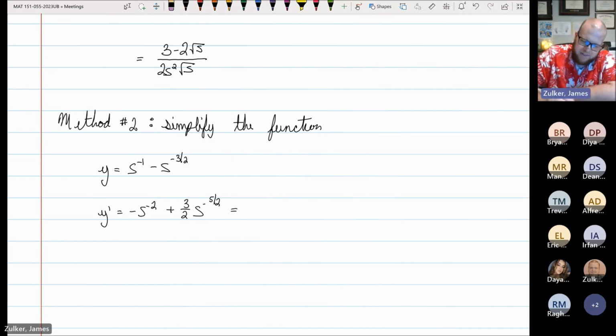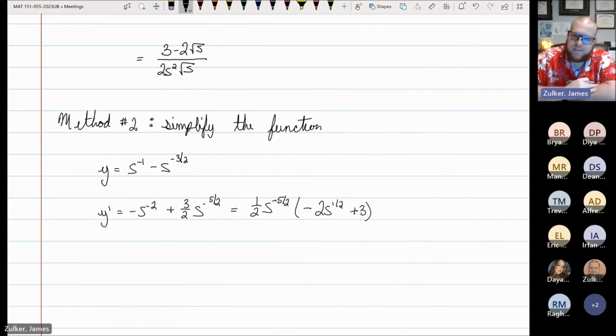Actually, factor out a 1/2. S to the minus 5 halves. Left with what? Negative 2s to the half, sorry, I factored out a 1/2.